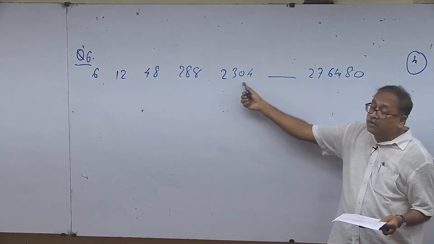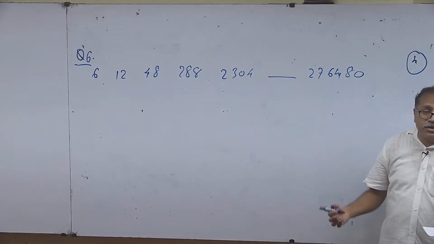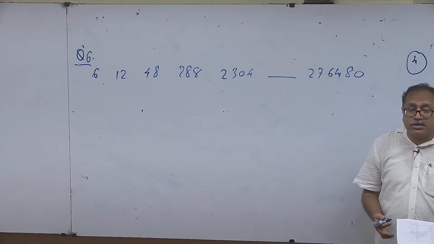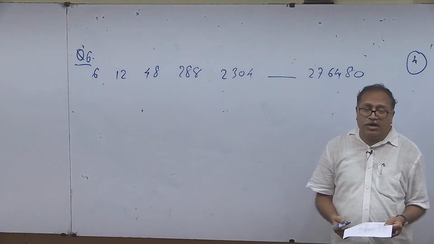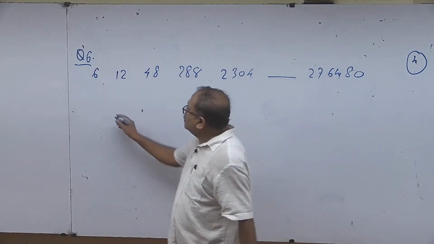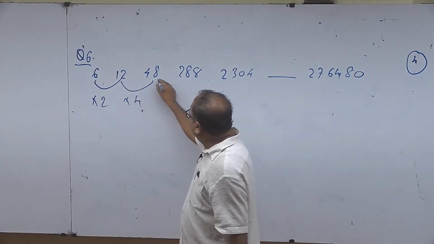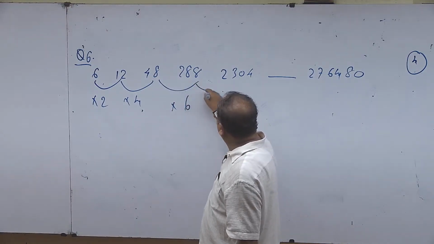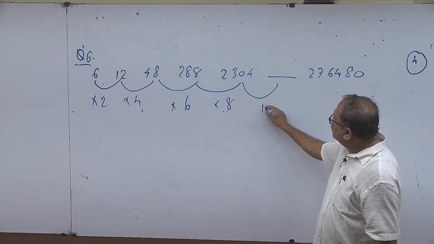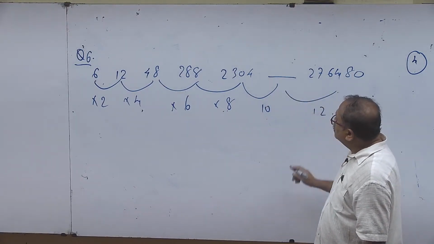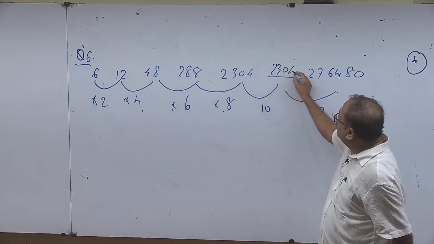See the kind of jumping from 2000 to 2,76,000. Definitely multiplication. So here I notice that into 2, into 4, into 6, into 8, it should be into 10, then it goes to into 12. Okay, so 23040.